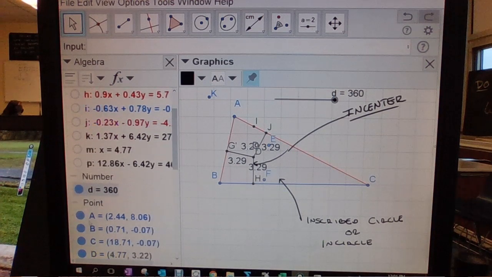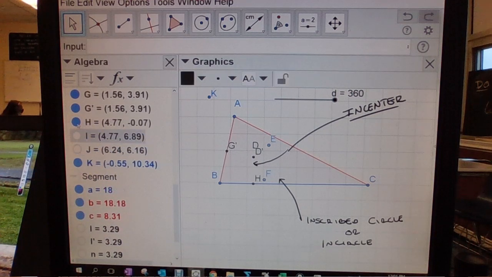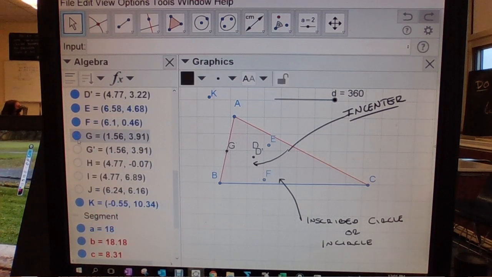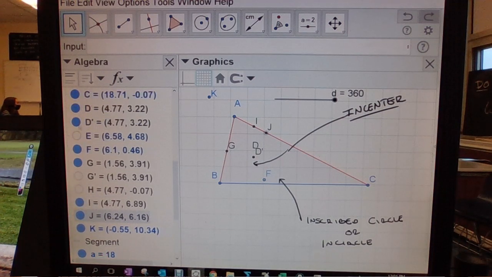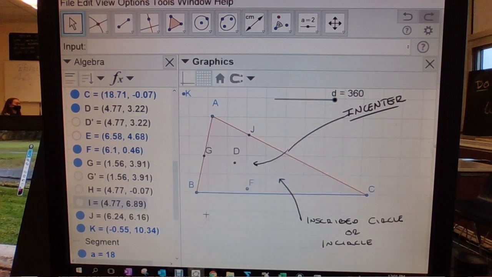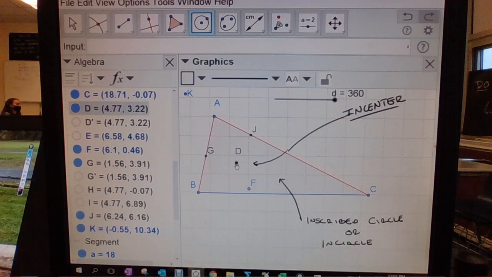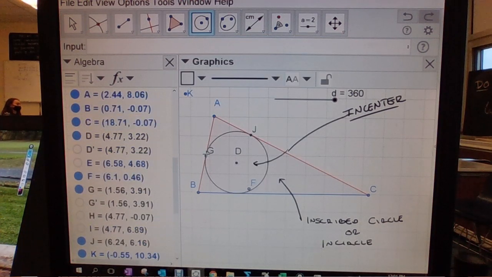Okay, so let's see here. I'm going to clean some things up here with these segments, these 3.29s. Get rid of those. Let's get rid of all these points except for F. We don't need D prime. I don't need I. All right, so if I look at this information here, and I just draw that circle.